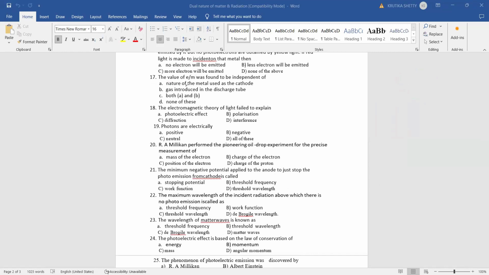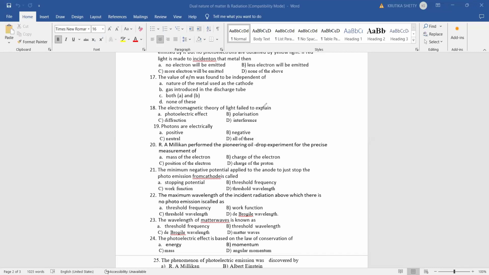Is it independent of the nature of the material, the gas introduced in the discharge tube, both A and B, none of this? It is B, the gas introduced in the discharge tube, or whether it is A. They are asking independent of, right? So independent of the gas introduced. So option B is the right answer. Go for question number 18.